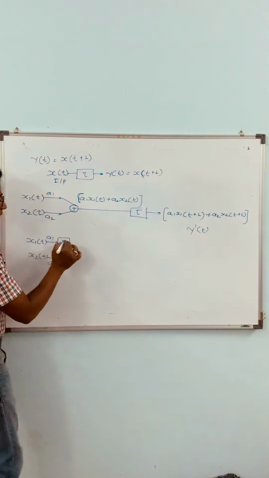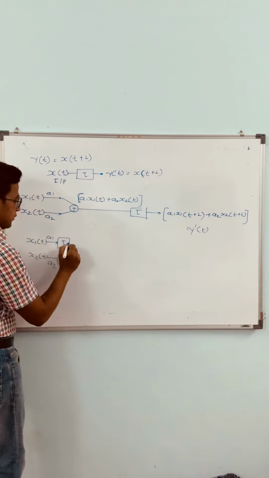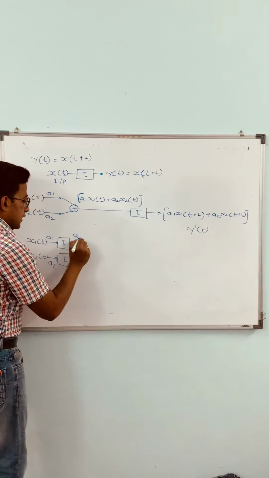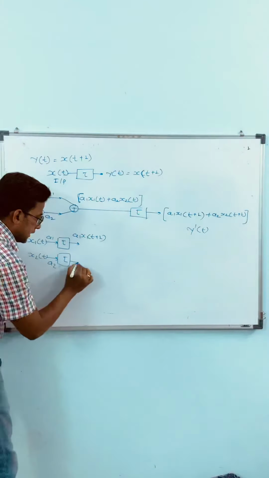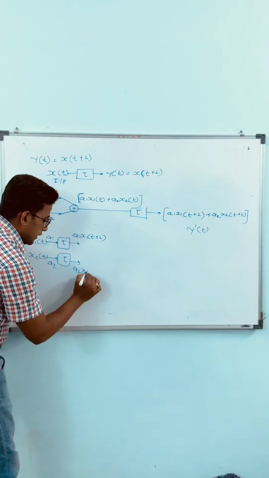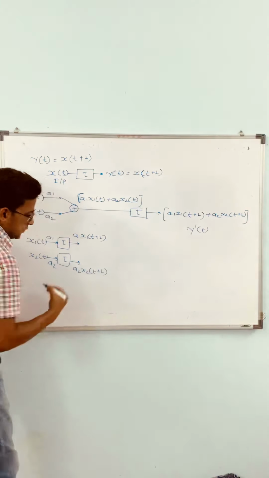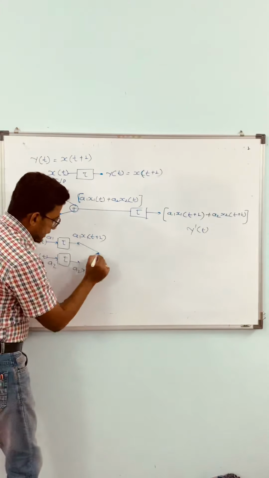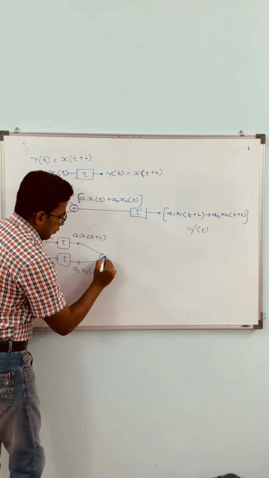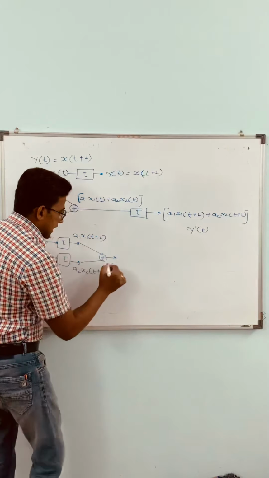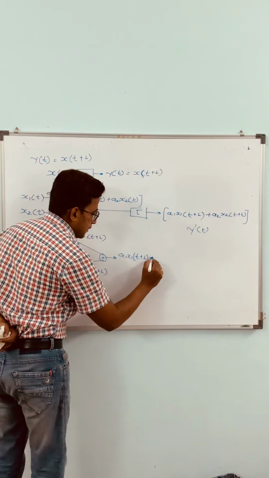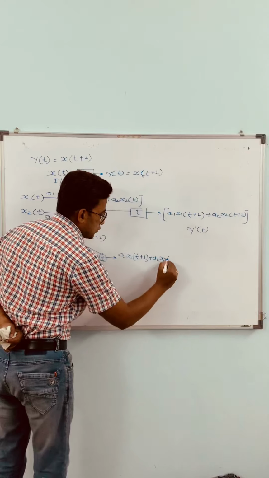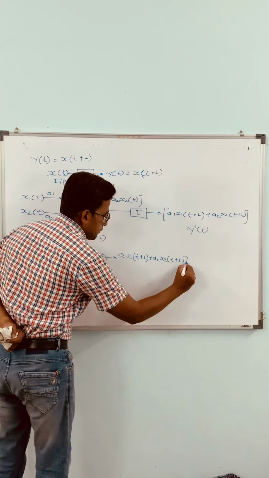Again you can observe x of t becomes x of t plus 1. a1 x1 of t plus 1, individually the output is created, and a2 x2 of t plus 1. These outputs are now added, so directly we get a1 x1 of t plus 1 plus a2 x2 of t plus 1.